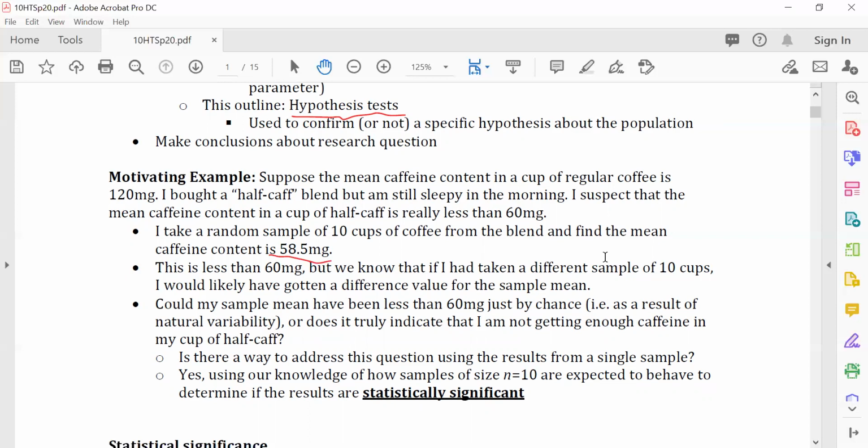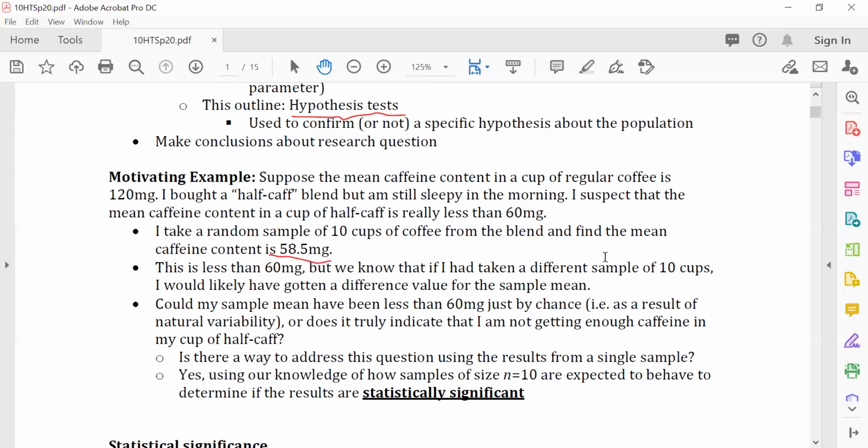So this sample mean will differ from sample to sample. It is also possible that this 58.5 is just happening by random chance. You just happen to collect a sample with the sample mean equal to 58.5, while the true population mean is actually still 60 milligrams.